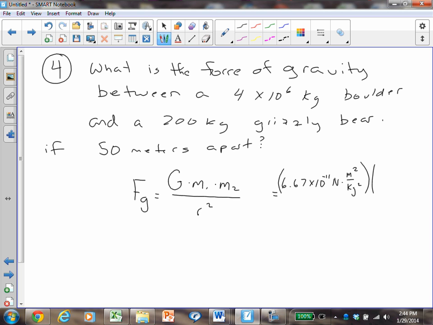The mass of the boulder times the mass of the bear divided by 50 meters squared. So sometimes the radius confuses things, but it's just like if you have the boulder and the bear and you swing the bear around, you see 50 meters apart, swing the bear around, makes a circle.